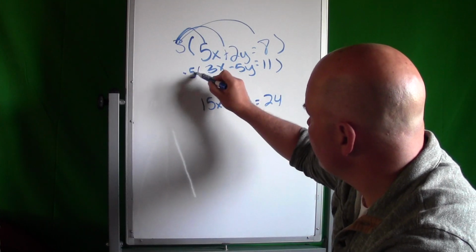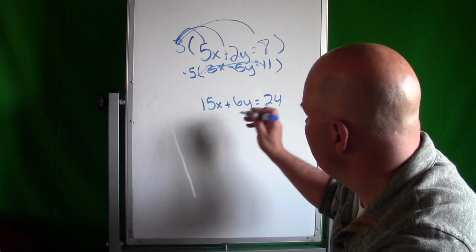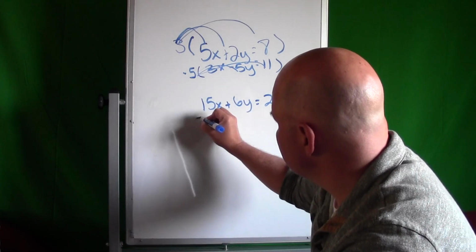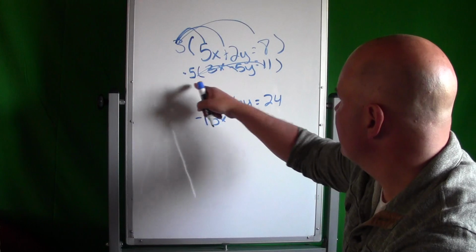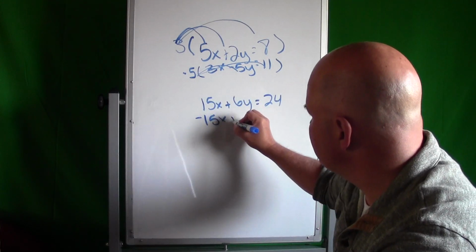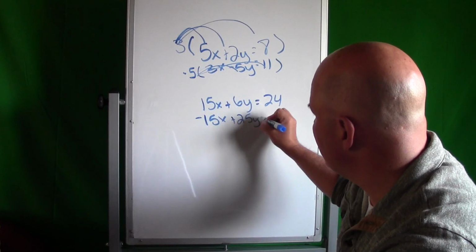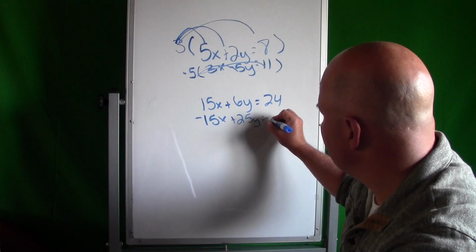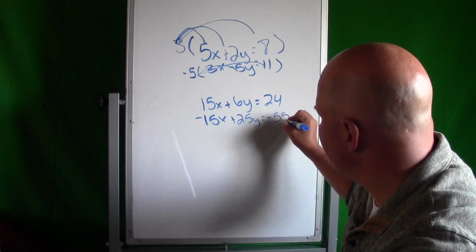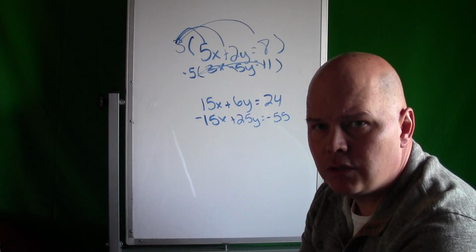Now on the bottom, I'm going to rainbow everything in. -5 times 3 is -15x, hence now I can eliminate. -5 times -5y is a positive 25y. And -5 times 11 is -55.